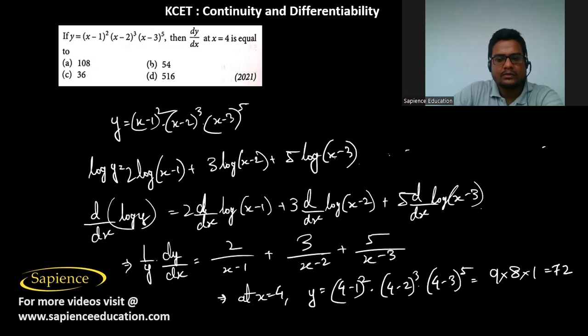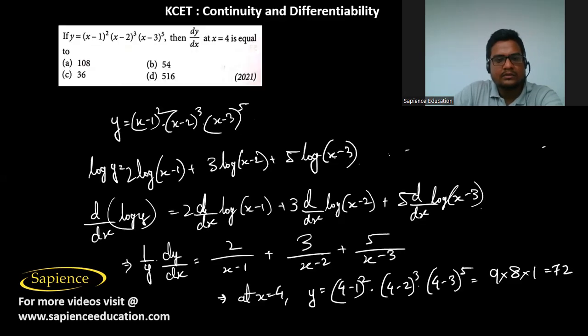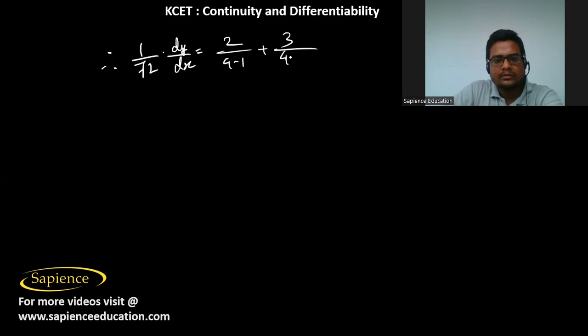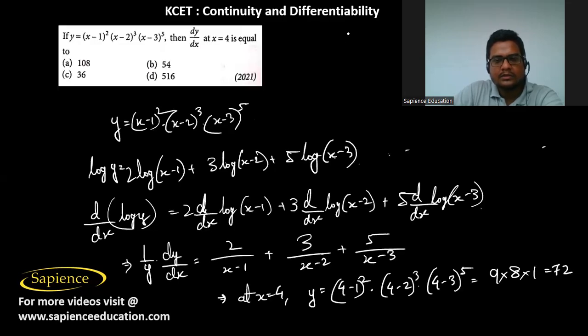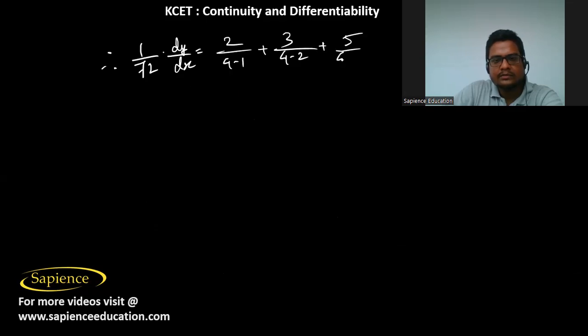And therefore 1 by 72 dy by dx will be equal to 2 by 4 minus 1 plus 3 by 4 minus 2 plus 5 by 4 minus 3.